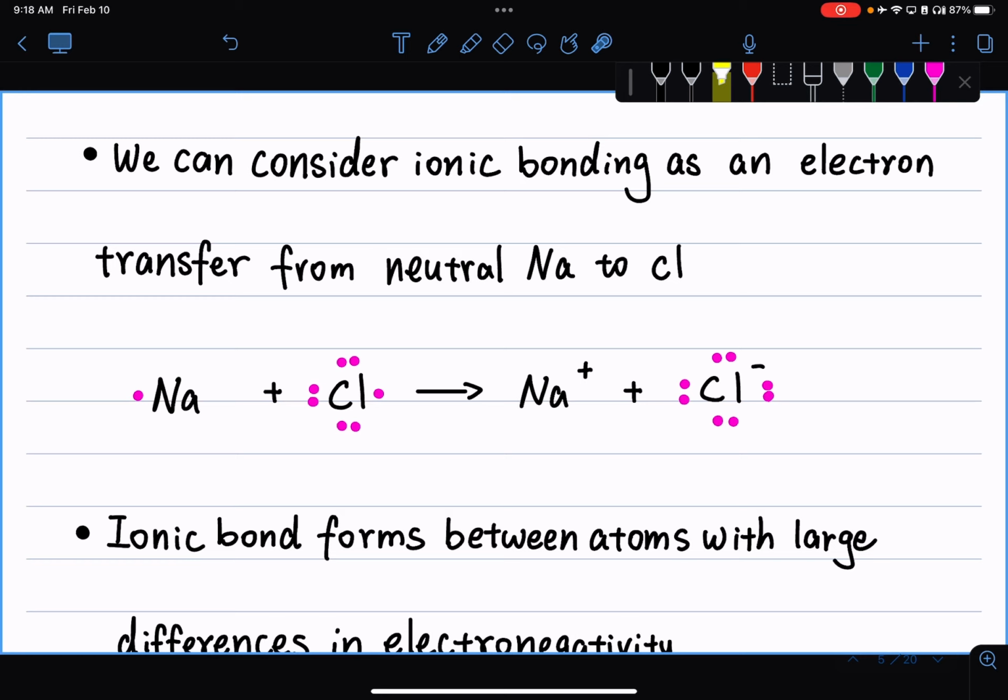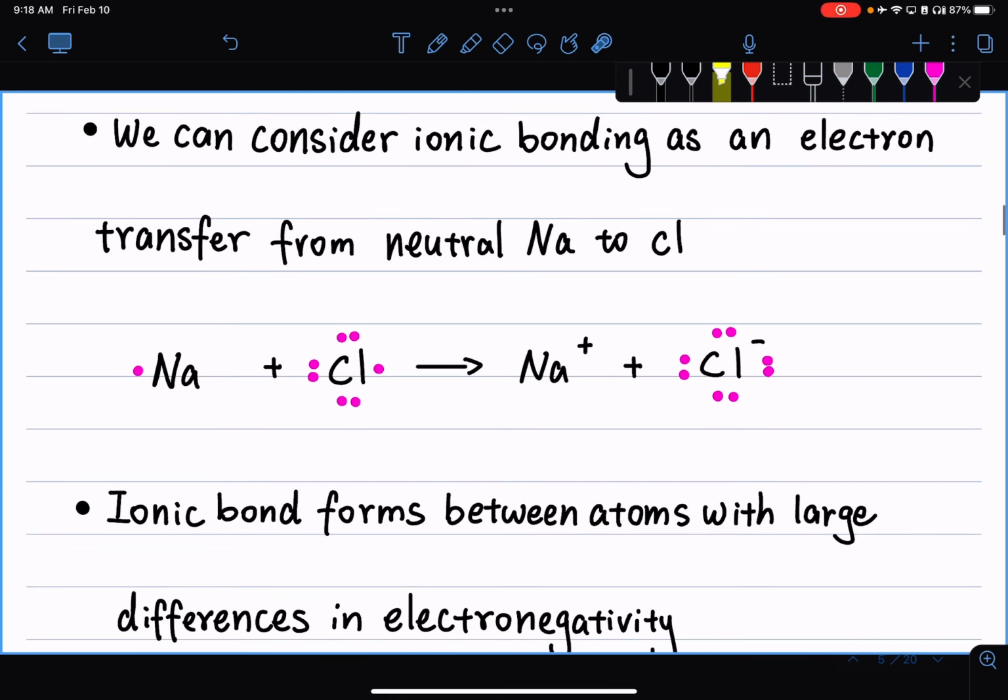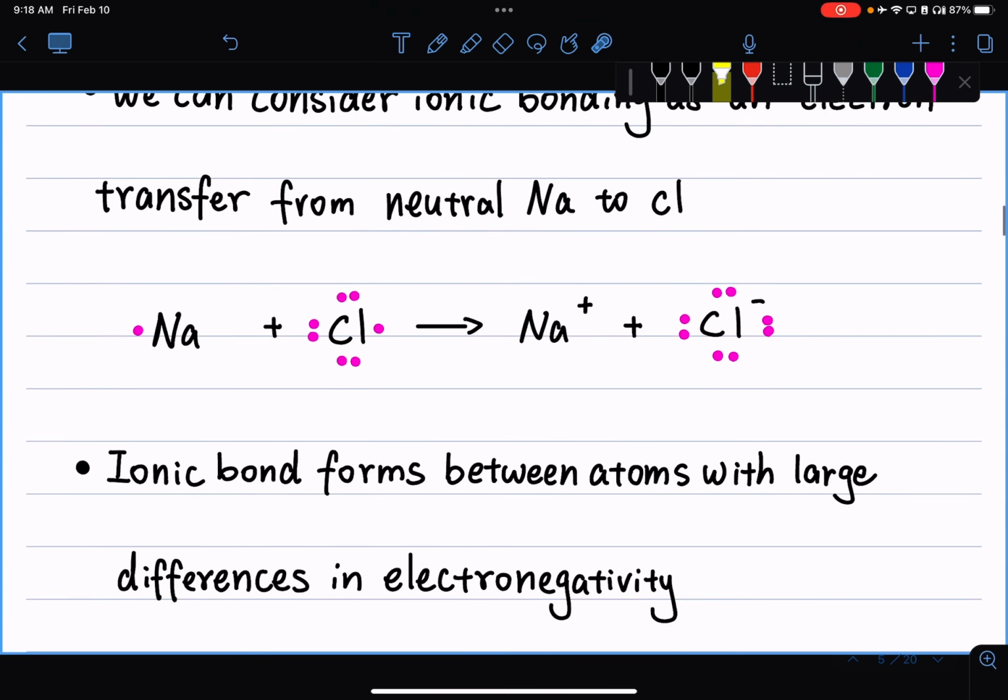Normally, we observe ionic bonding when there are two atoms of very large difference in electronegativity. So again, remember that electronegativity trend goes diagonally all the way towards fluorine. So the more electronegative it is, the more likely that is an ionic bond.